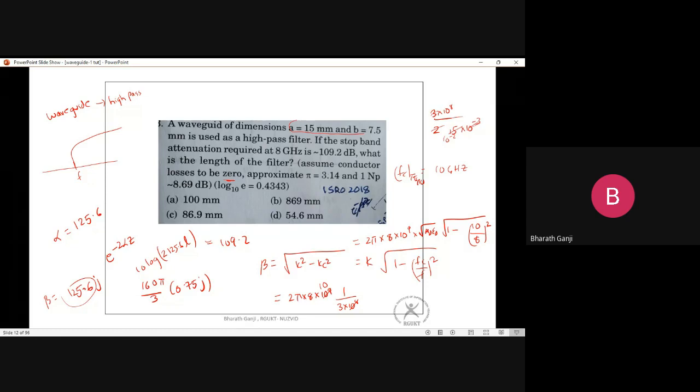So I can divide it by 10, so 109.2 divided by 10.